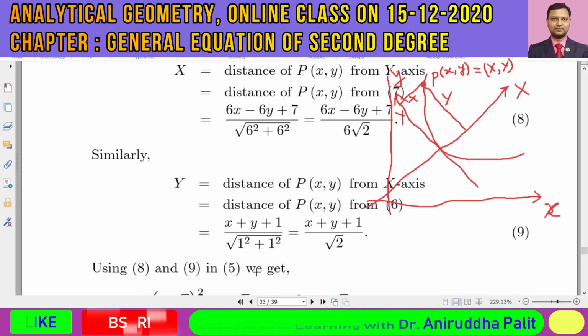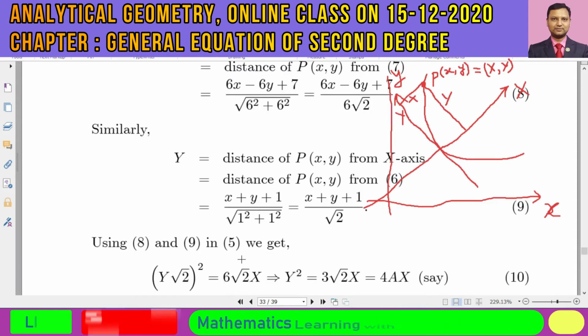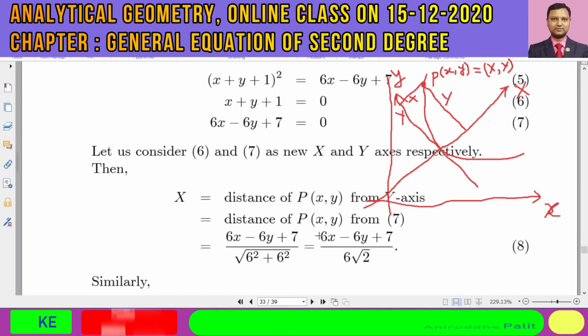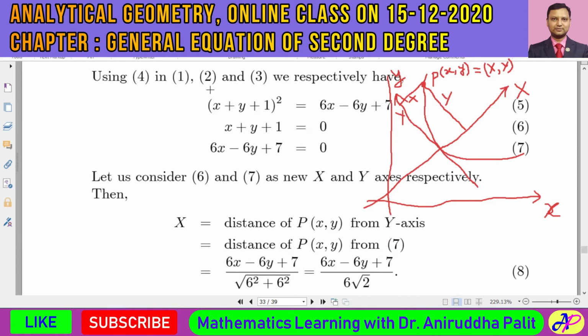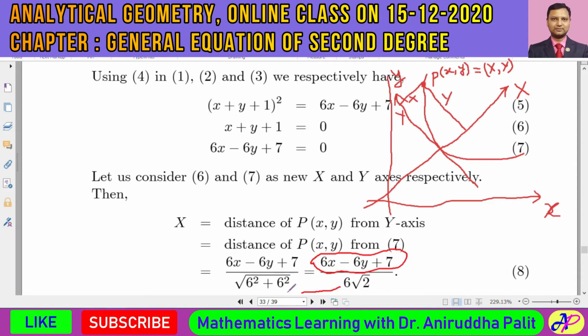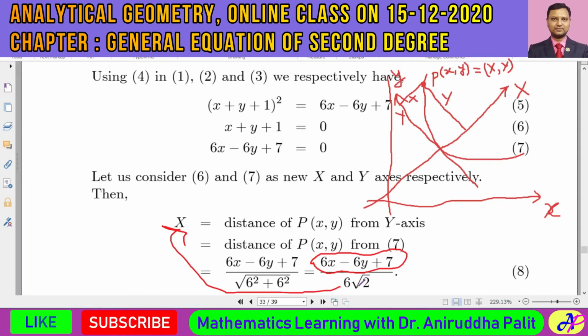So you will be able to compute the expression of capital X and the expression of capital Y. Got it? And therefore, what would be the expression of this numerator? The expression of this numerator, 6x minus 6y plus 7, is equal to capital X multiplied by 6 root over of 2.